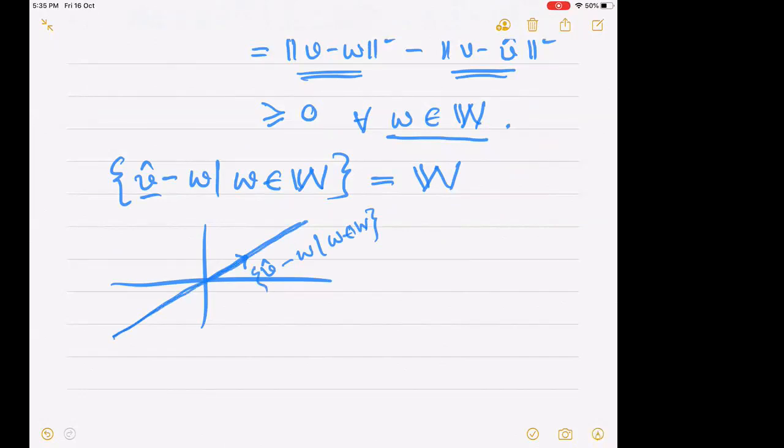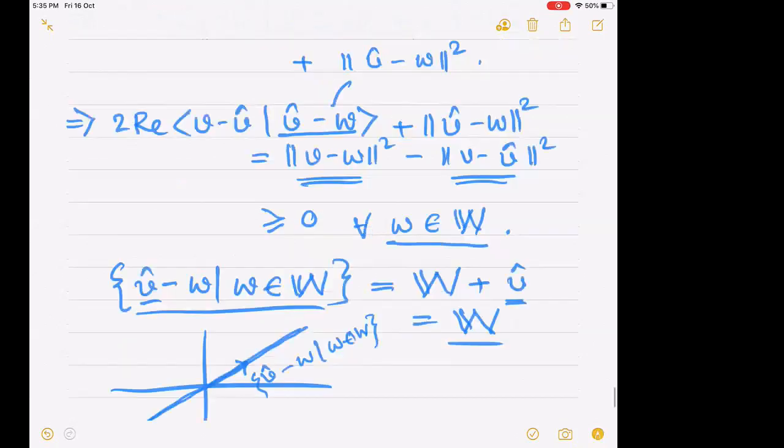In fact, for all you know, this is actually W plus a fixed vector V̂. And if this vector is in the subspace itself, then this is nothing but the W space itself. So this set is the same as W, which means the vectors that are being plugged in here are in fact all possible vectors in W.